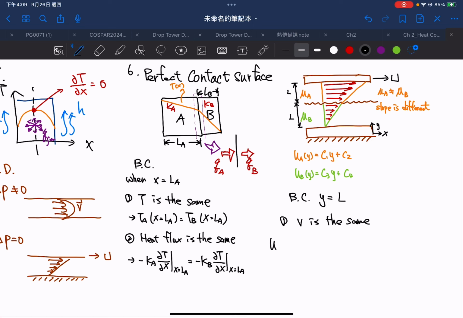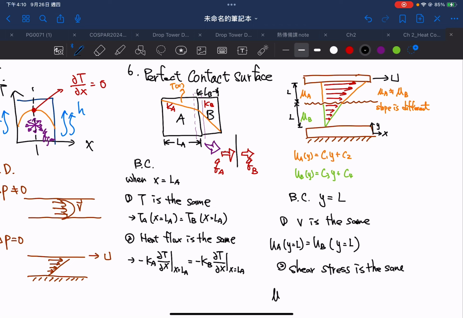So U_A at y equals L equals U_B at y equals L. And the second is that the shear stress is the same.